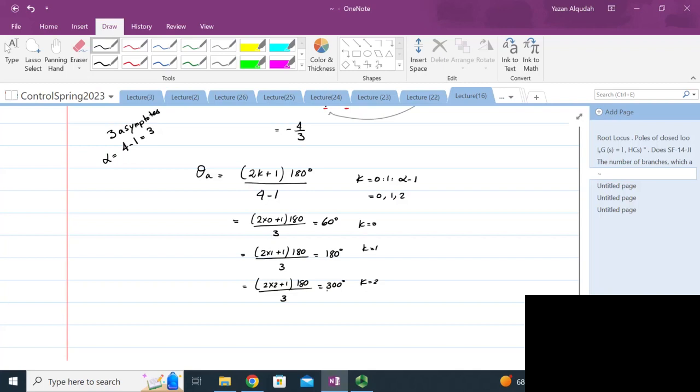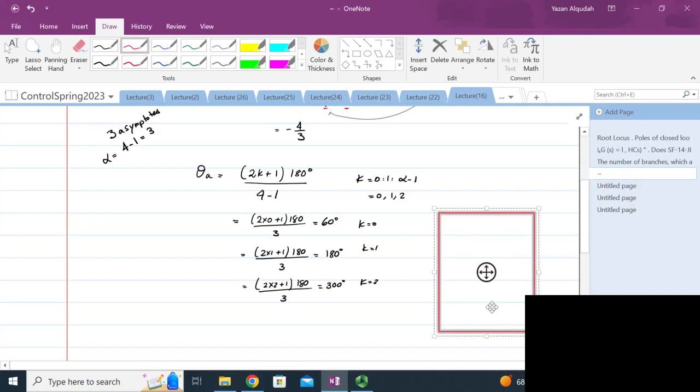Now on the side here, I'm just going to write it if you're ever confused. You can go to MATLAB and just type this. If I were to take k from -10 to 10 and calculate wrap to 180 of (2k plus 1) multiplied by 180 over 3, I'm just going to get 60, 180, and -60.